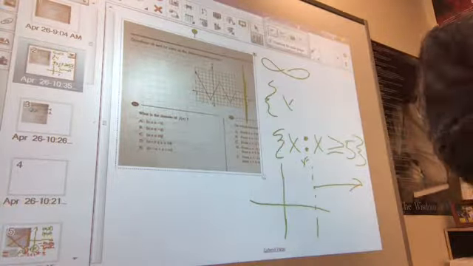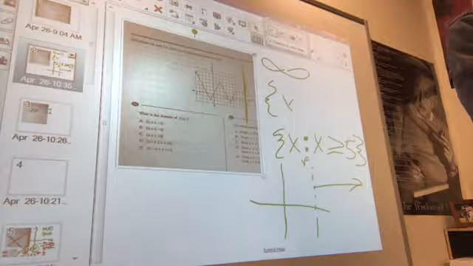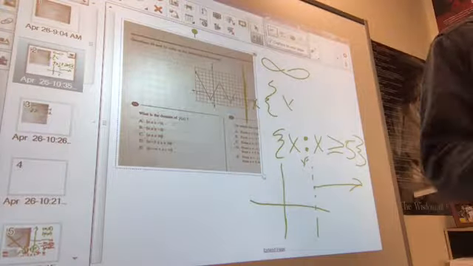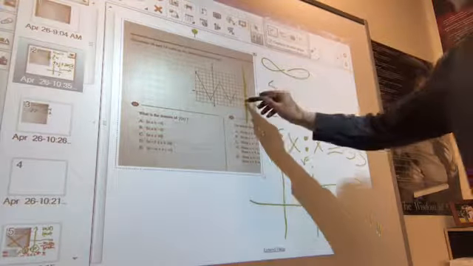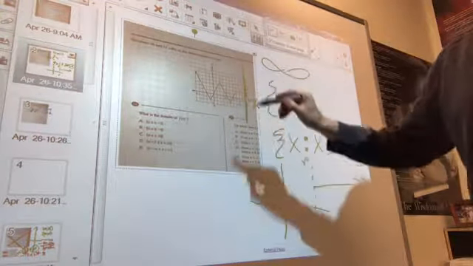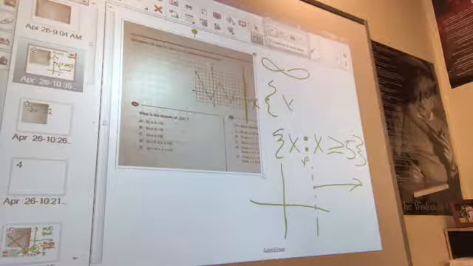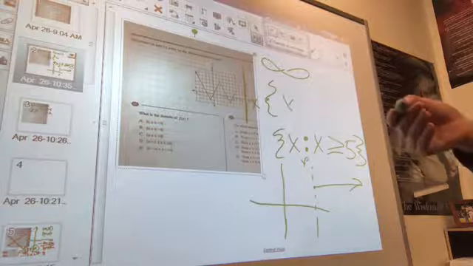Remember, X is always left and right. So right there, where that dot is, X equals 10. That dot, if it's colored in, means X can equal 10.